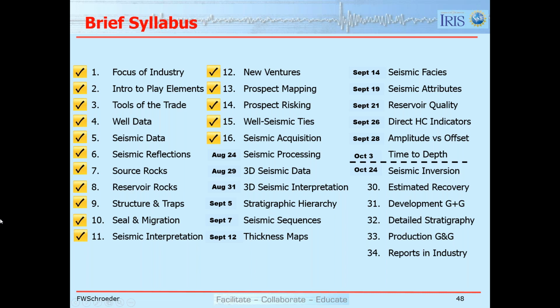And if we're in an exploration mode, we certainly can live with 25-meter lateral separation. Even if we're in field development or field production, we may want to understand where a particular fault is positioned in the subsurface.